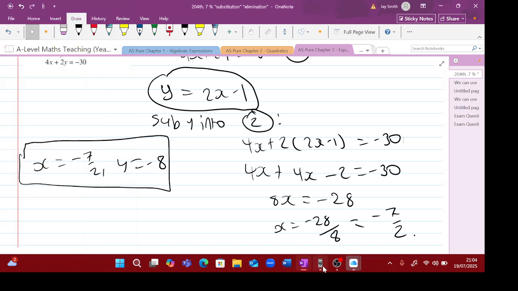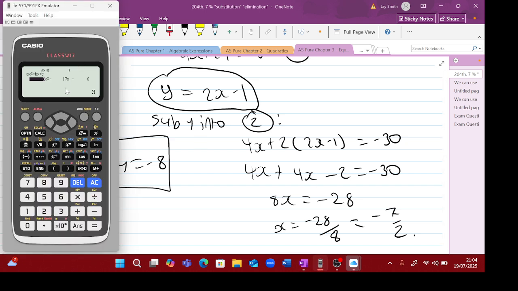So as you can see here, we can solve a quadratic, ax squared plus bx plus c equals 0. We discussed this in the quadratic section, but your calculator can also solve simultaneous equations.